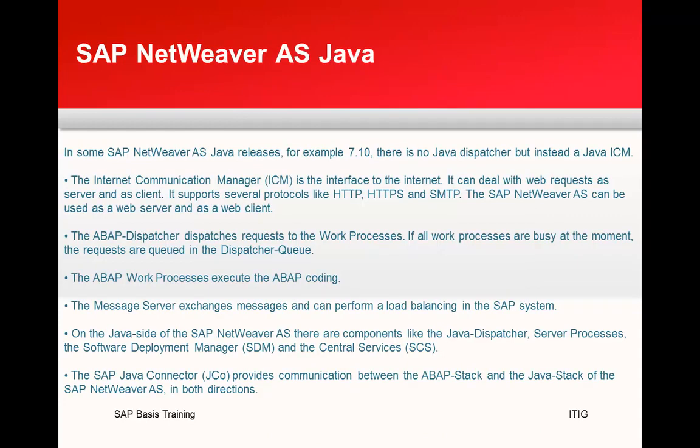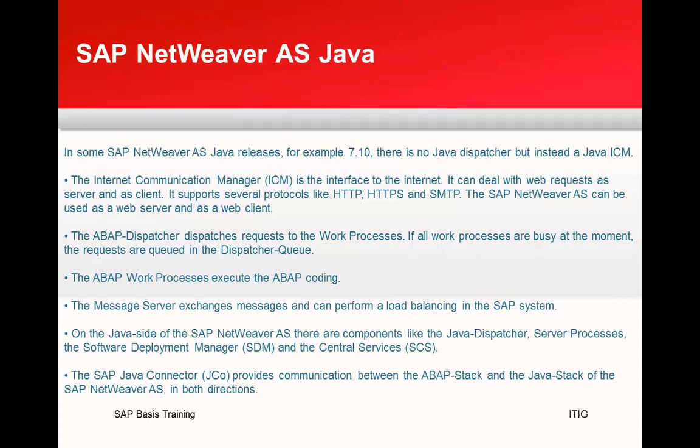In AS Java releases, for example 7.10, there is no Java dispatcher, but instead a Java ICM. They have obsoleted the Java dispatcher bundling with 7.1 and replaced it with ICM, the Internet Communication Manager.